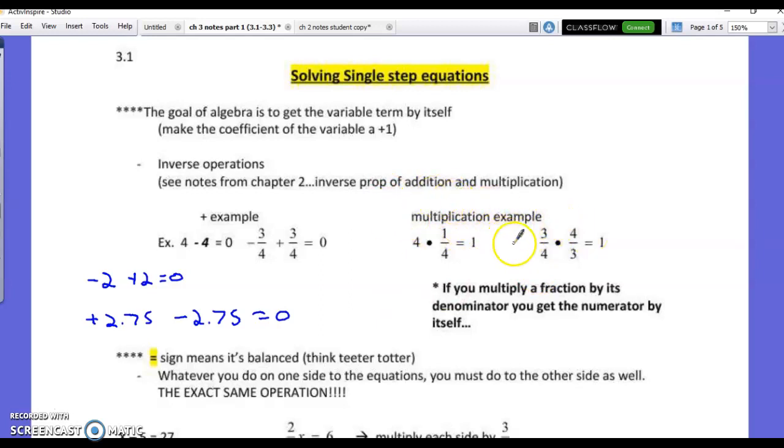The multiplication example, what we have here is that there's always a number that I can multiply by another number to get it to equal 1. All right, so if I have a 4 and I multiply that by what is known as the reciprocal, we've talked about reciprocal before. So the reciprocal of 4 is 1 over 4, because 4 over 1 is the fraction version of that. The reciprocal of 3/4 is 4/3. We multiply those together and we get 1.